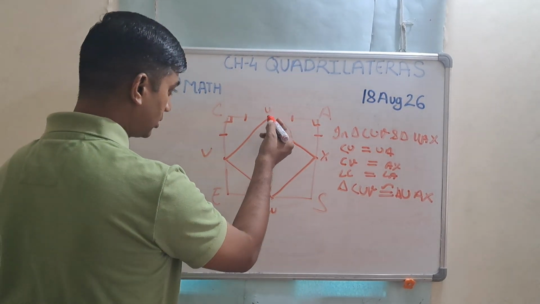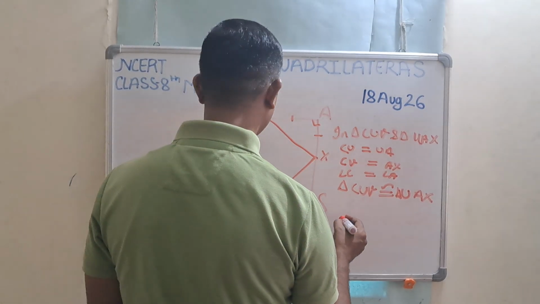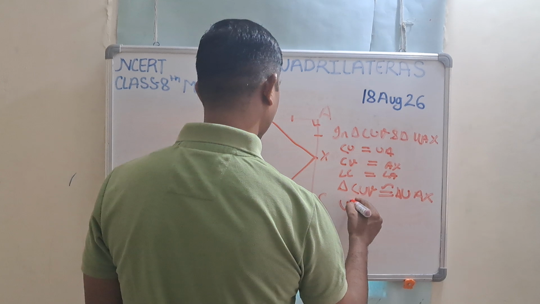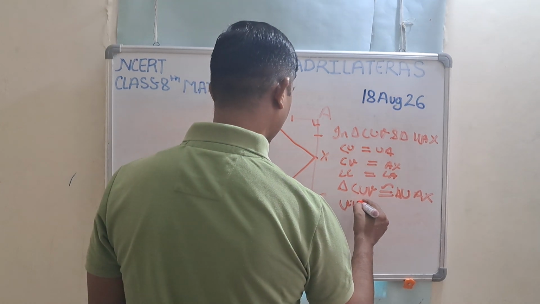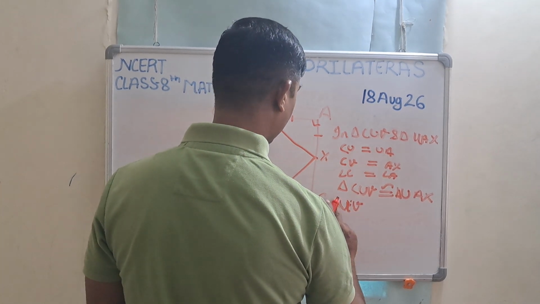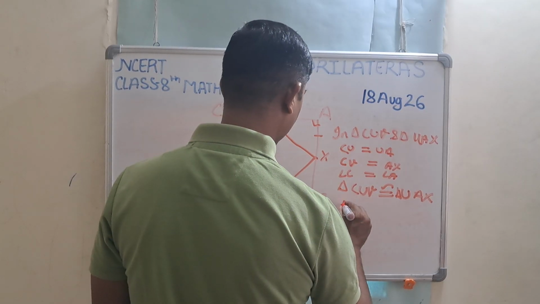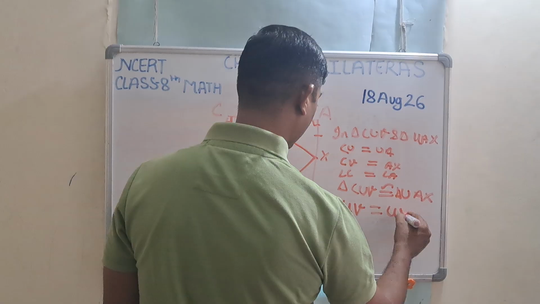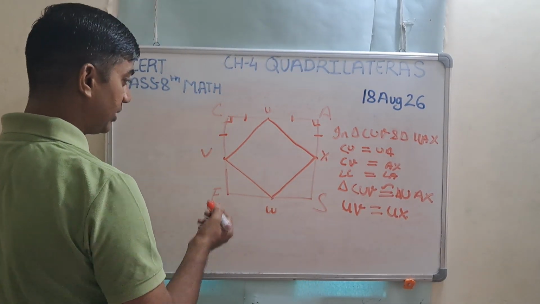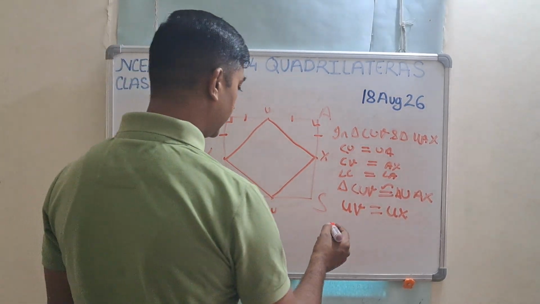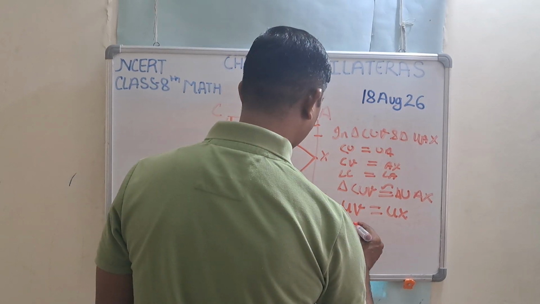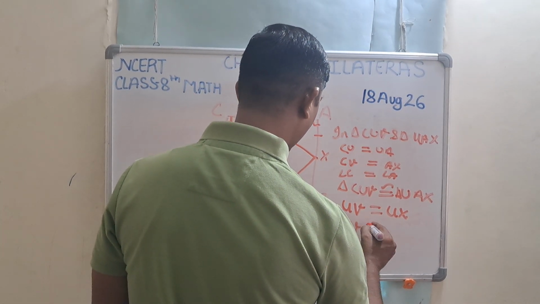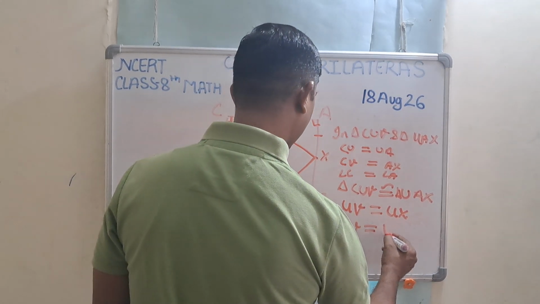That means by corresponding parts of congruent triangles, UV is equal to UX. And in the same way, when we take these two triangles, we see that UV is equal to VW.